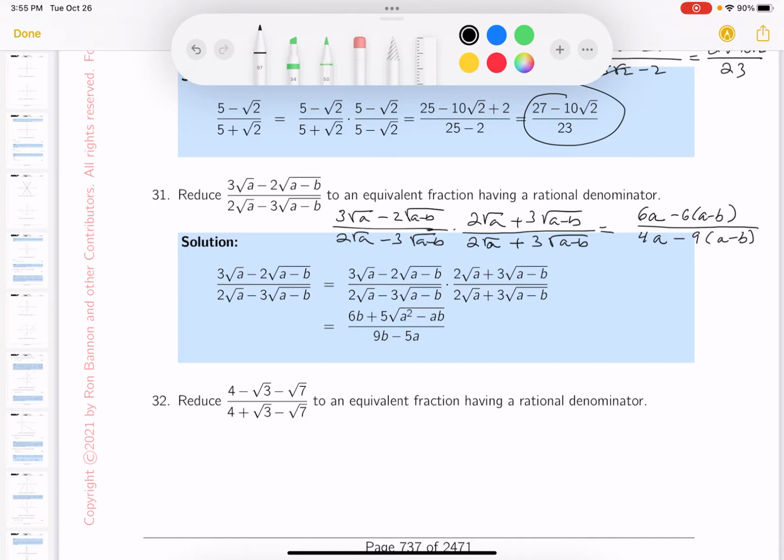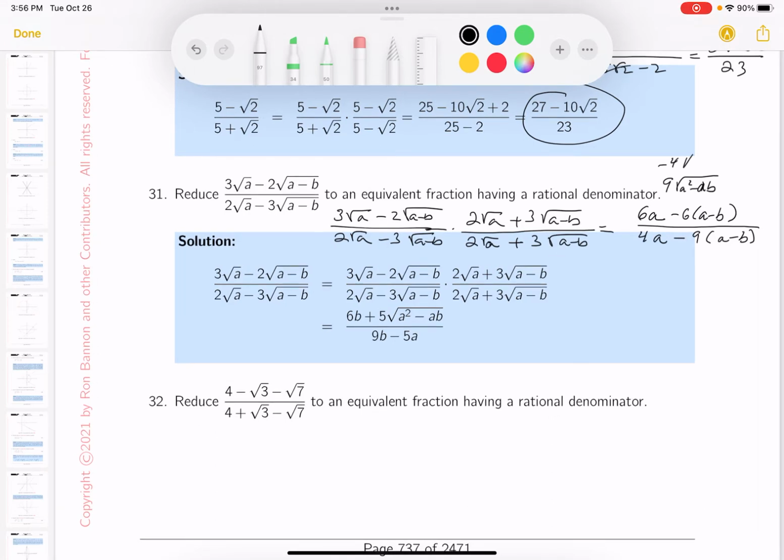So what's going to be, let's see, 3 times 3 is 9. And then you're going to get root a squared minus ab. And then you would get minus 4 root a squared minus ab.